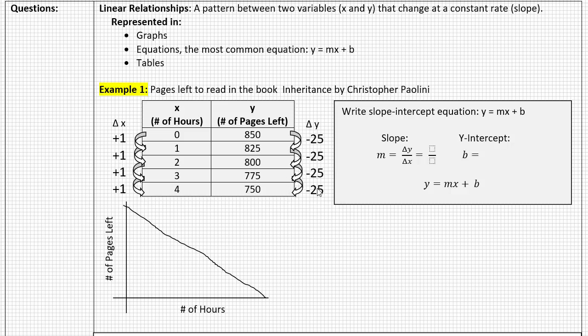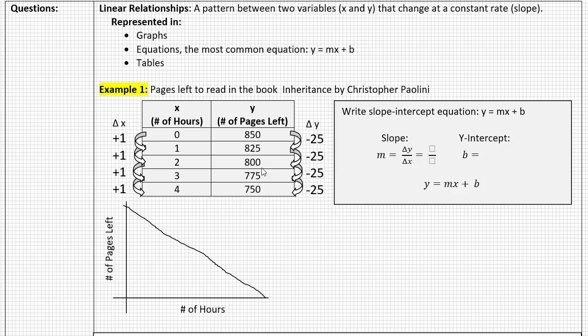So y is changing at a constant rate. It's decreasing 25 pages. Over here for change in x, the hours are increasing. So I start at 0 hours read, and then I add an hour, and I add another hour for 2 hours, and so the hours keep increasing by 1 hour at a time.